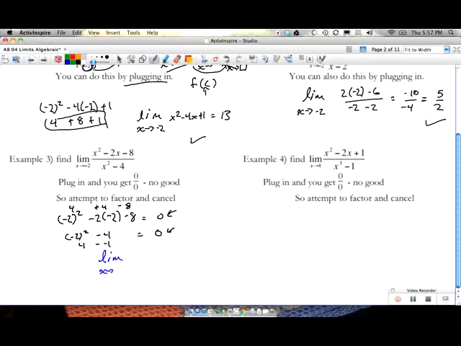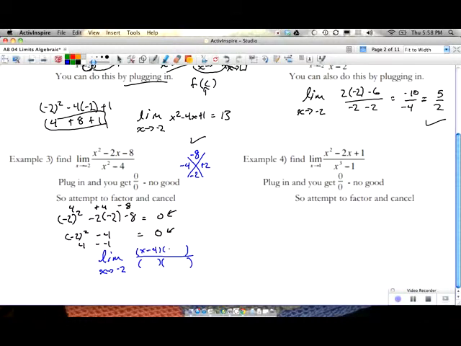The limit as x approaches -2. Now we can factor each of these pretty simply. The top has two pretty basic factors, and so does the bottom. The top you can work out with diamond factoring if you need to. What multiplies to -8 and adds up to -2? That gives us -4 and +2.